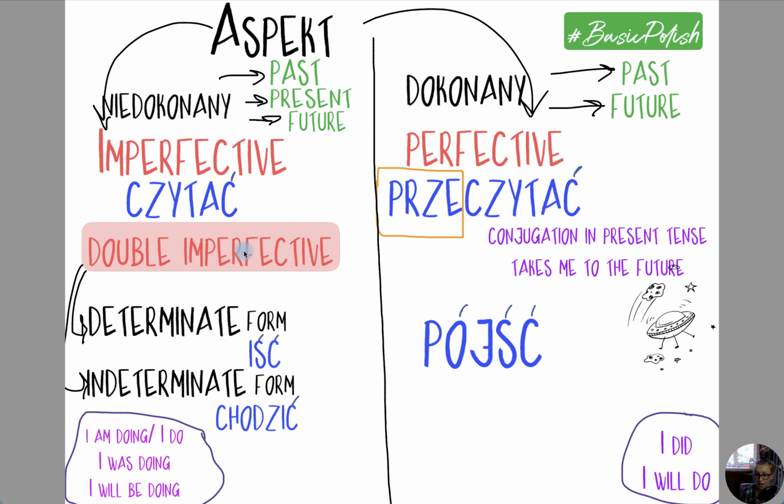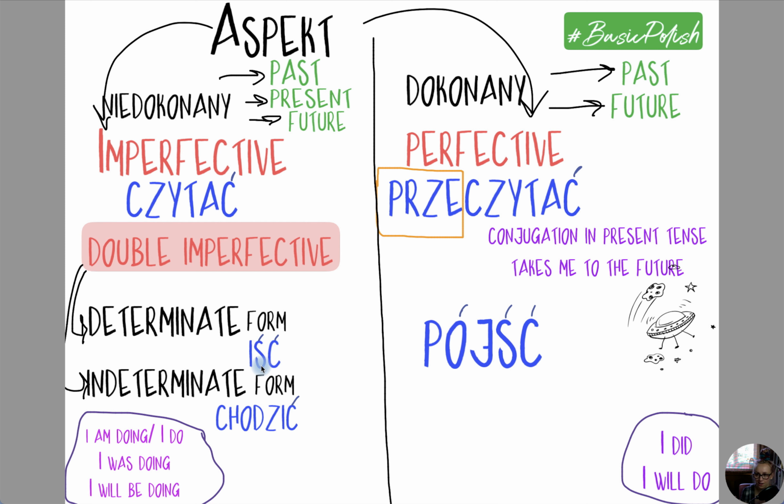But we also have a specific group of verbs which are called double imperfectives. These are usually motion verbs, connected with motion. And the best example to show you are these two verbs, iść and chodzić. Iść, right?